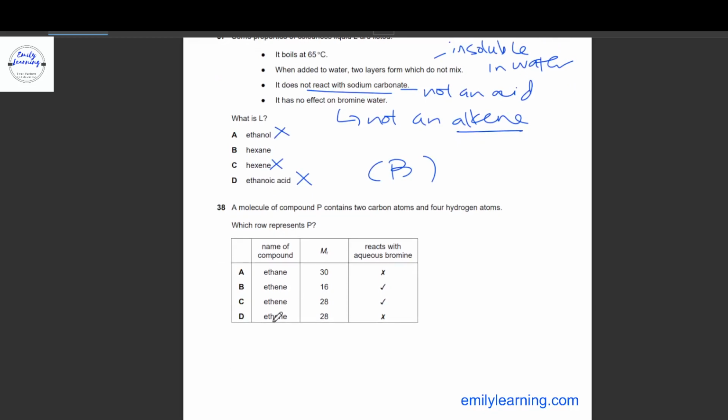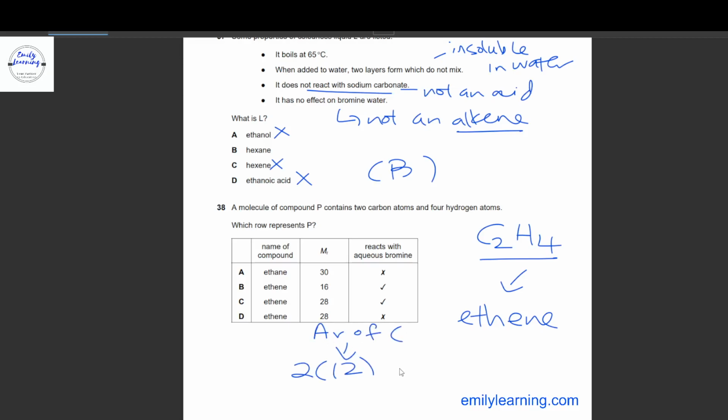In question 38, I have a molecule, compound P, contains 2 carbons and 4 hydrogen atoms. So it is C2H4. If you have C2H4, what is this? It is ethene. The Mr is equal to 2 times 12 because the Ar of carbon is 12, plus 4 hydrogen.